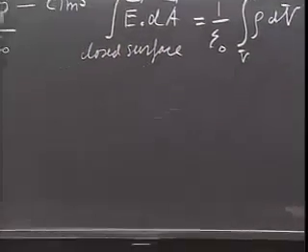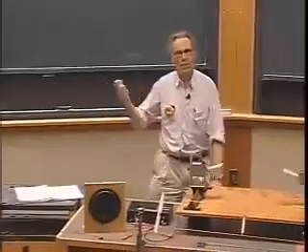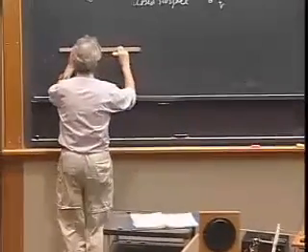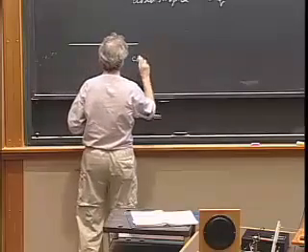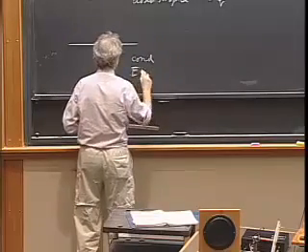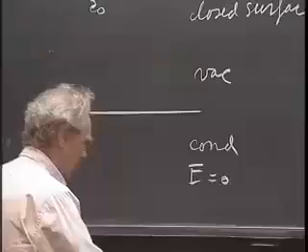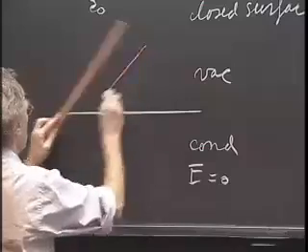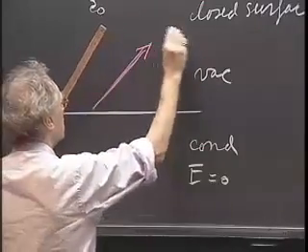So you integrate over that whole volume. Whenever you deal with divergences, you make pillboxes, or it depends a little on your geometry, of course. So let's assume that this is the boundary between the conductor, where the E field is everywhere 0, and let this be vacuum. The electromagnetic wave comes in, and the electric field, say, is in this direction.